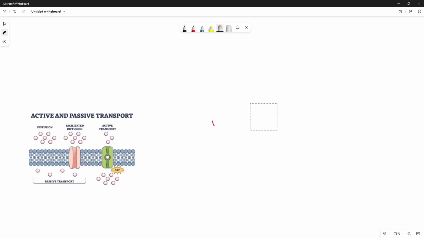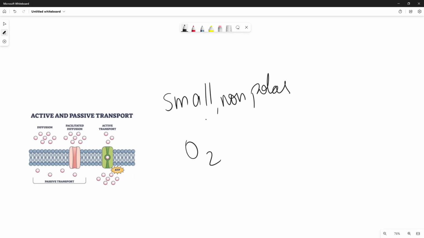And active transport is important in cell membranes as it allows small non-polar atoms to move across the cell membrane without any help. So these would include oxygen, carbon dioxide, and etc.